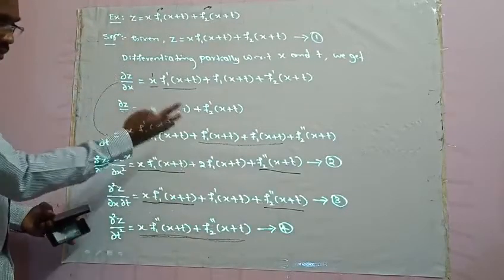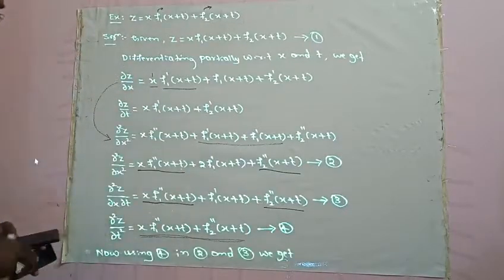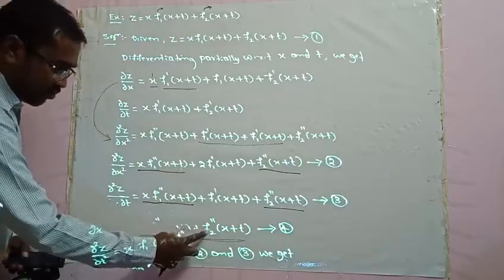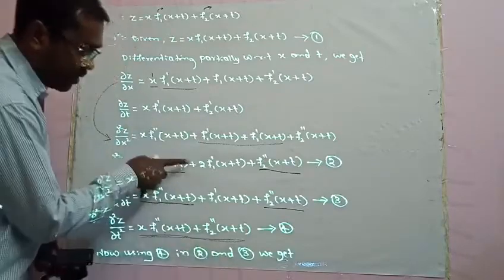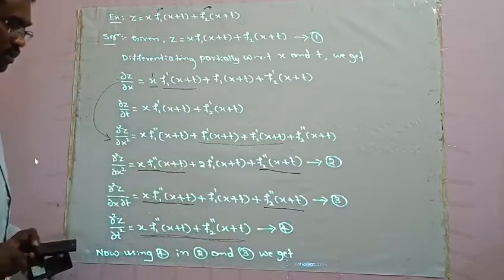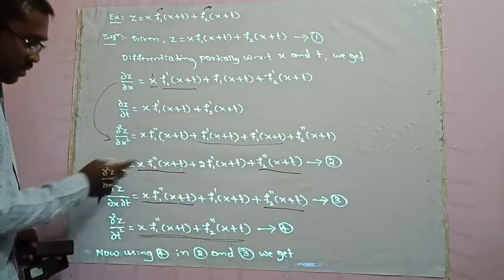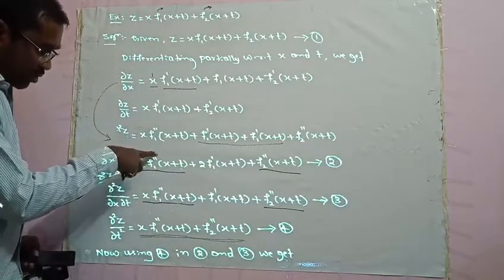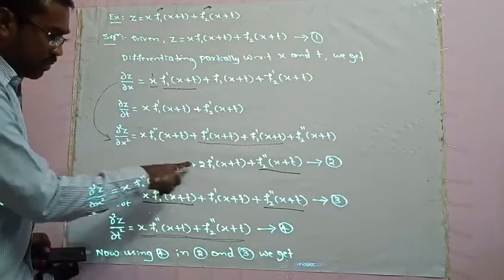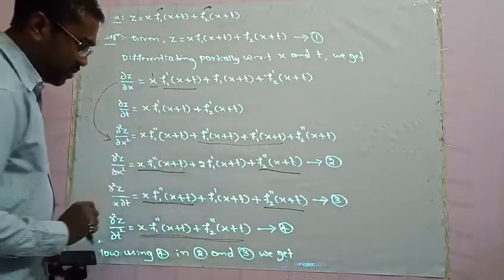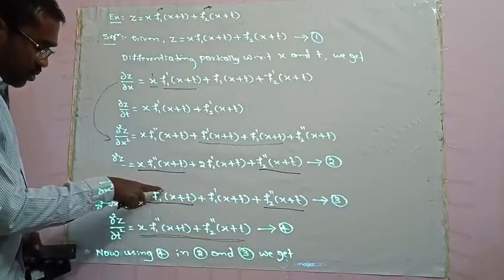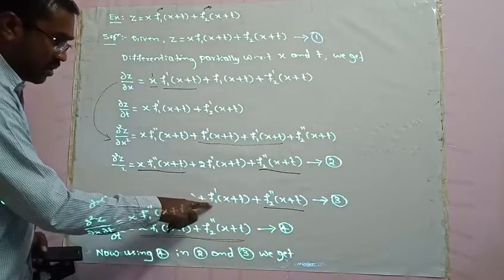Let us combine these three equations now. How do we combine? Now using equation number 4 in 2 and 3. What happens here? This becomes dou square z by dou t square plus 2f dash. Here also dou square z by dou t square plus f dash.